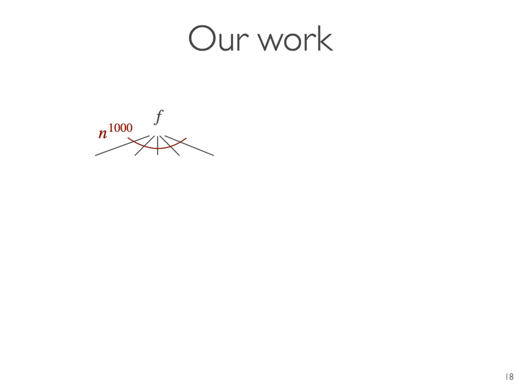We start with an arbitrary function f that is allowed to have a very large number of input bits, like n to the 1000. Our assumption is that the restriction of f to inputs of Hamming weight n has approximate degree at least n to the 1 minus alpha.